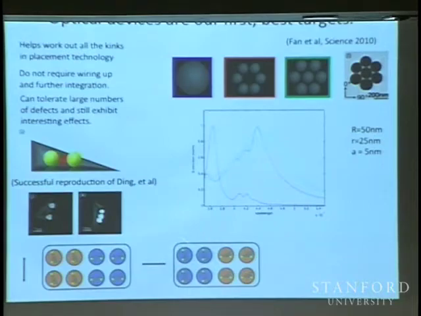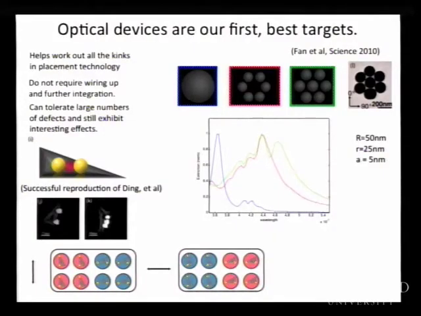But we want to recapitulate that with directed self-assembly, because with one pass of E-beam, we can lay out a field that will allow us to place these particles and get one set of optical nanodevices. Then to get a different kind of optical nanodevice, all we have to do is change the DNA strands.